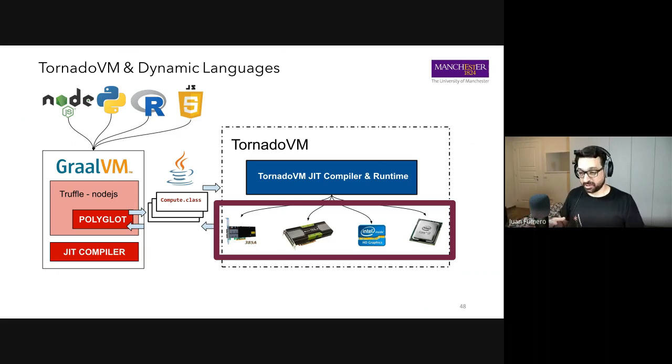This is possible because GraalVM has what is called the Truffle framework that allows us to implement programming languages on top of the GraalVM JIT compiler. Because everything is in Java, we can invoke Java code transparently.